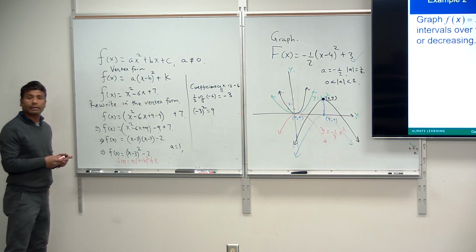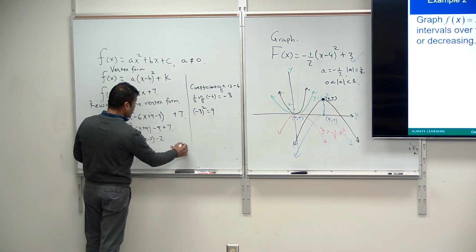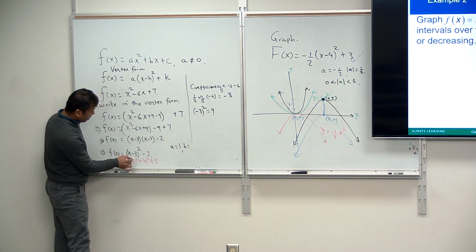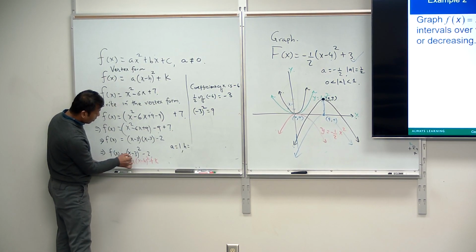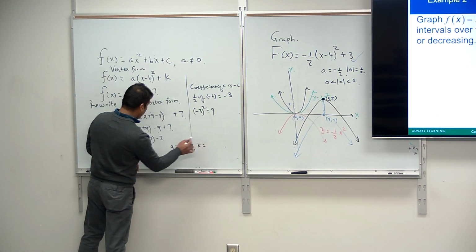What is the value of a? 1. What is the value of h? You compare (x minus h) squared with (x minus 3) squared. What is the value of h? 3. h is 3. What is the value of k?